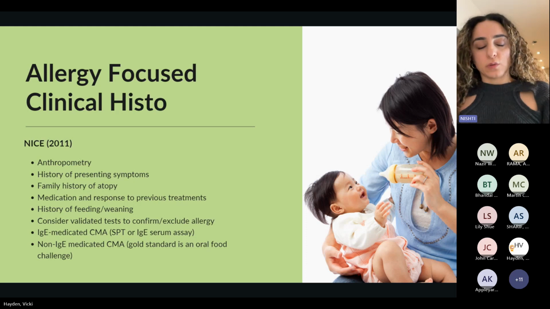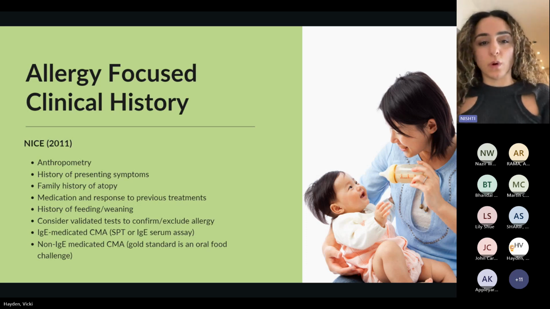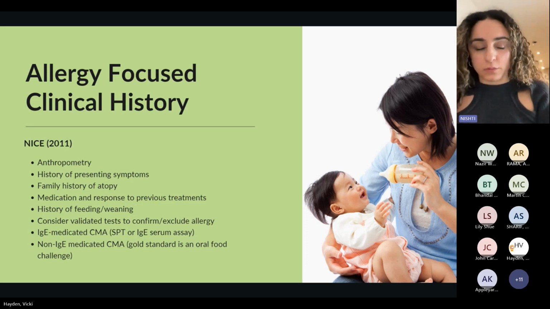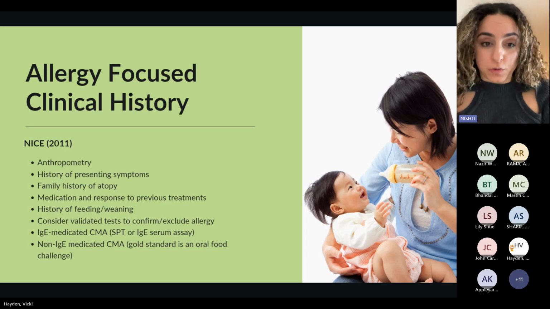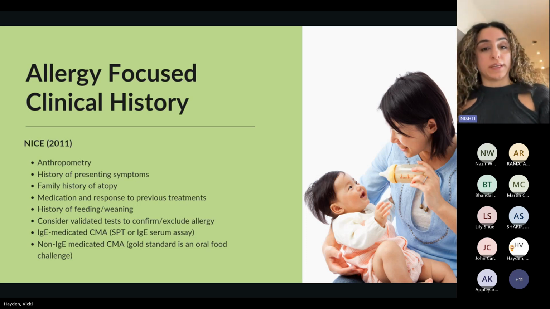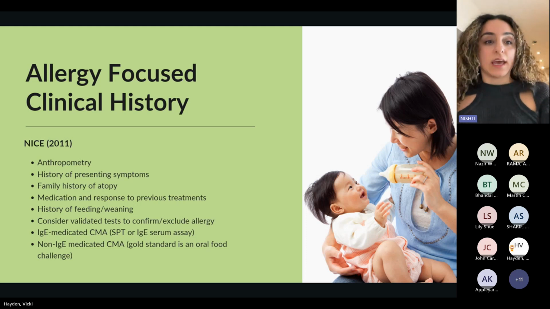So I just want to quickly mention the importance of an allergy-focused clinical history. This is obviously what you all do, but we need to look at a child's growth and history of presenting symptoms. Family history of atopy is so important, and also the medication and response to previous treatments, especially if they've been on a lactose-free formula or if mom has gone dairy-free and it hasn't worked.